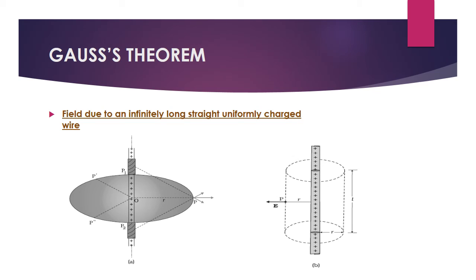Because the electric field is radially outward at each and every point, we can see that the total electric flux associated with each of the circular caps is zero. The reason is that the electric field lies tangentially over the circular caps. On any small element of the curved surface, we can see that the direction of the area vector and electric field coincides.